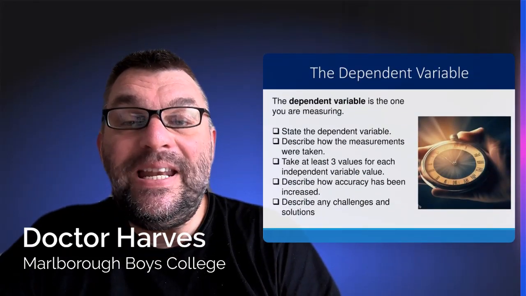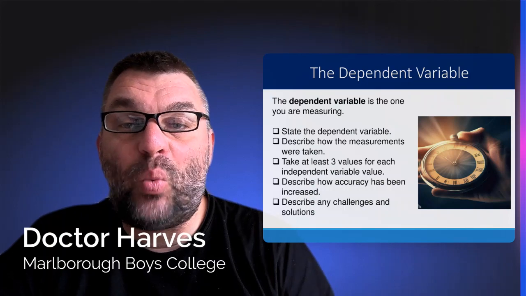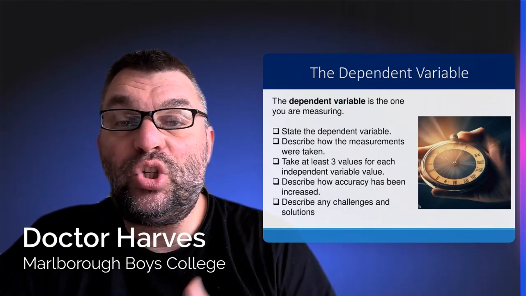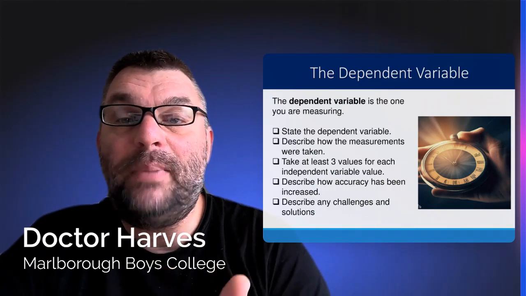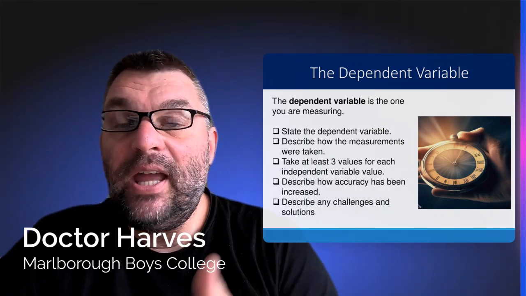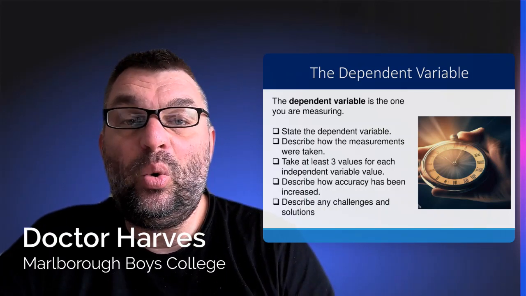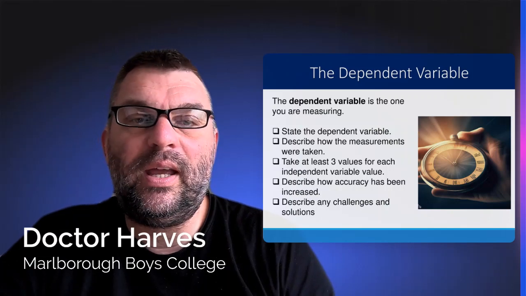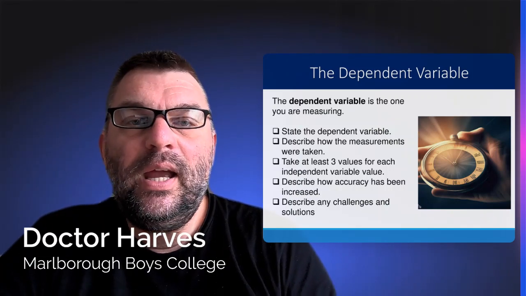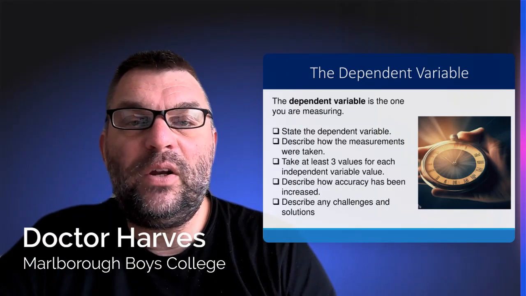So then we've also got the dependent variable, and the dependent variable is the one you're going to measure after you've changed the independent variable. Okay, so again, in your report, you have to say what the dependent variable is. Describe how you measured the dependent variable.